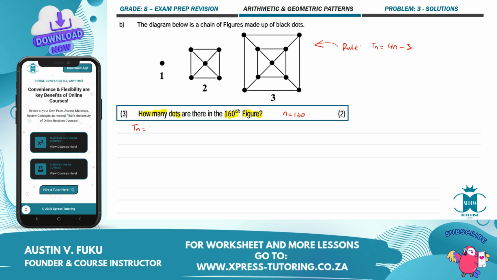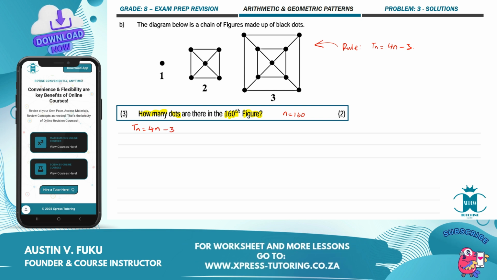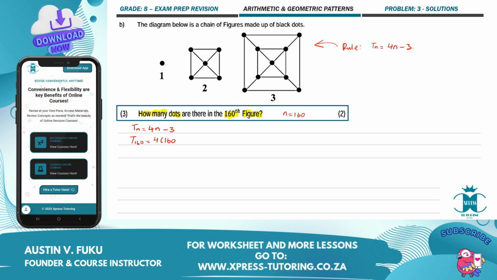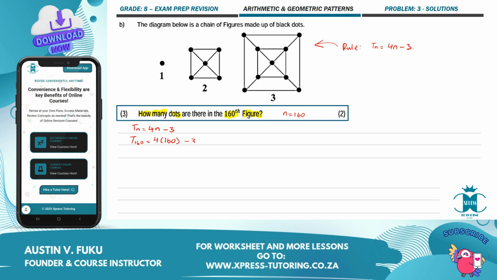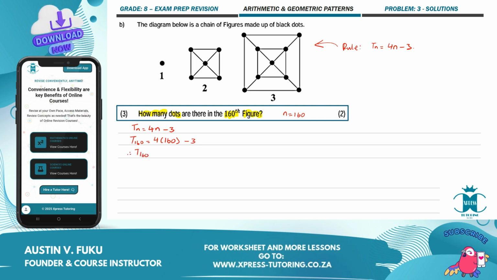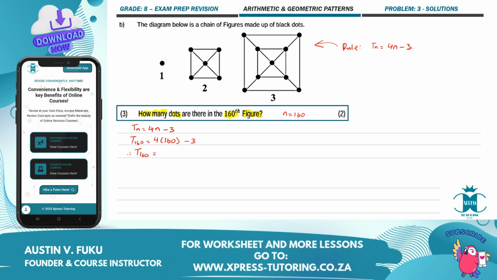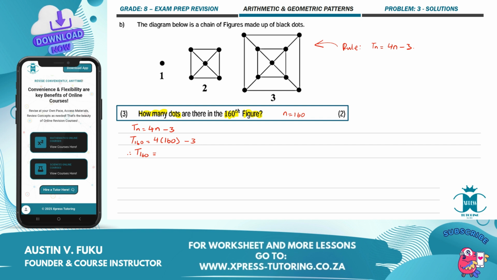Then we're going to substitute 160 everywhere we see n. So T160 will be equal to 4 multiplied by 160 minus 3. And therefore T160 will be equal to 4 multiplied by 160, that is 640.